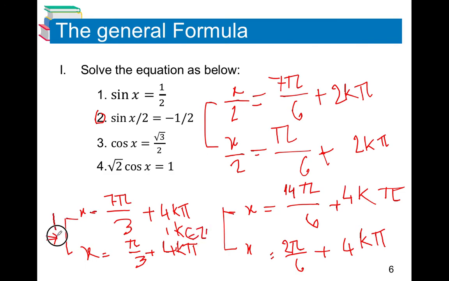This is the final answer of number 2. We have h equals 7 pi over 3 plus 4k pi, and h equals pi over 3 plus 4k pi.